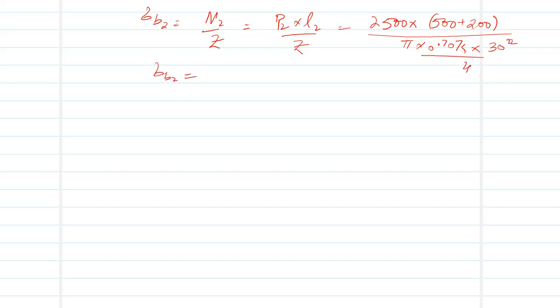So sigma B2 is 4 into 2500 into 700 divided by pi into 0.707 into 30 square. We get a value of 3501.7 divided by S Newton per millimeter square. Clear?